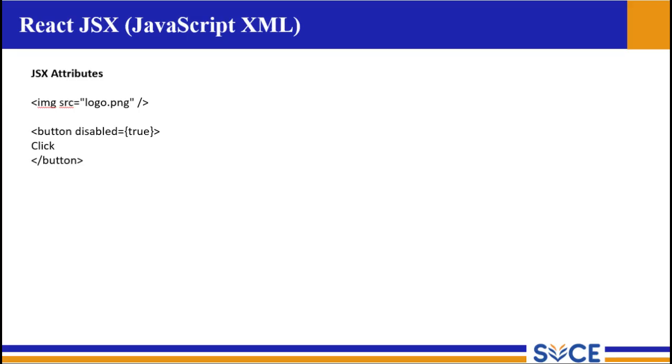Similarly, suppose we have a variable called button color. Instead of assigning a fixed color to the button, we can dynamically set the button's background color using that variable. If the variable changes, React automatically updates the appearance of the button.